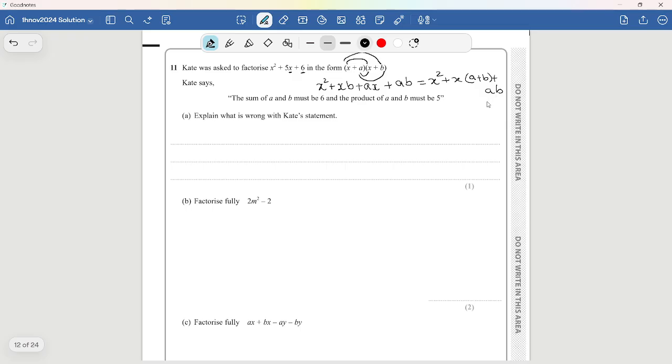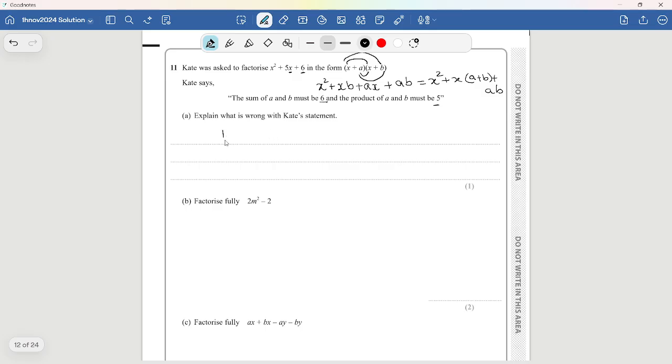Okay, but Kate says that the sum of a and b must be 6 and the product of a and b must be 5. She's saying the reverse thing, the opposite thing. So what is wrong with her statement?